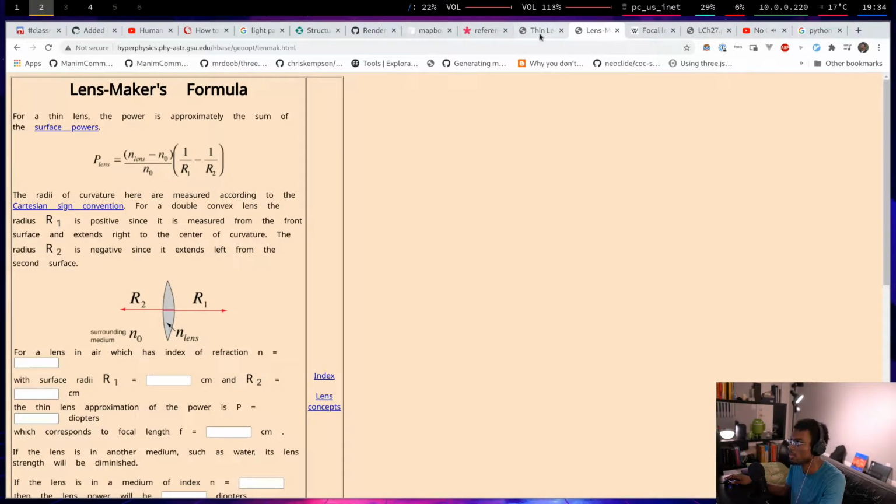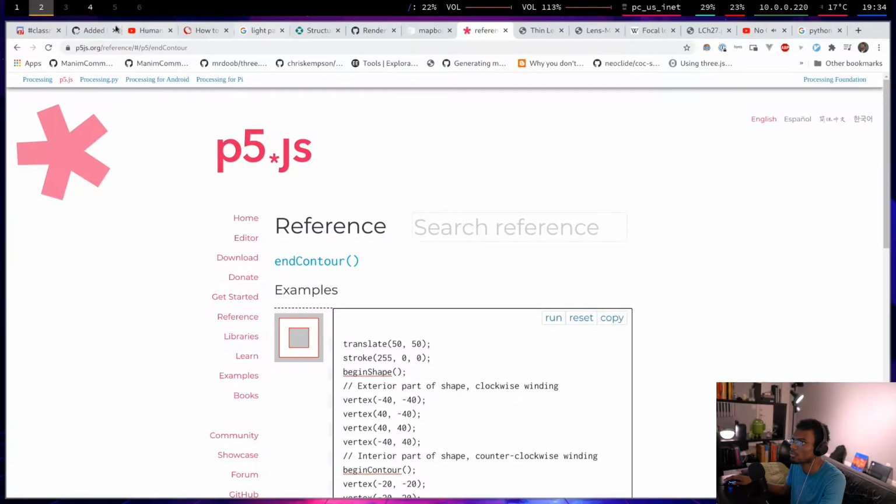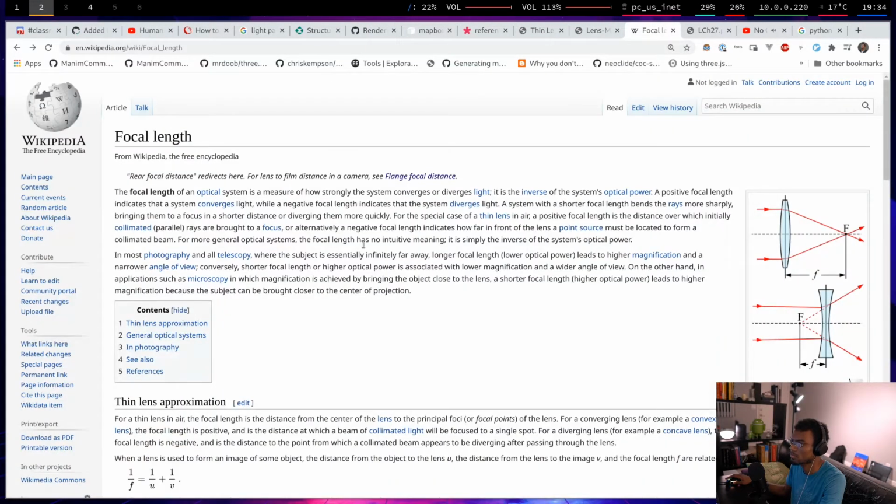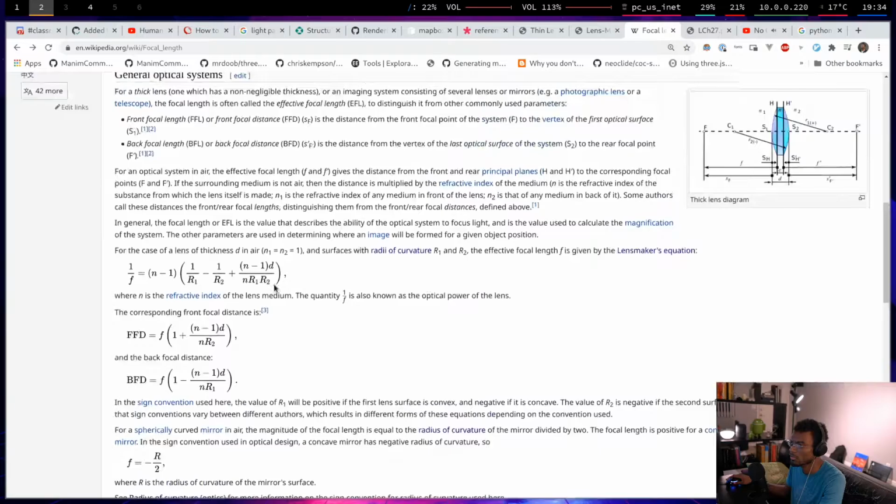Is it this one? Not that one. This one, the thickness of the lens affects the focal length. And that is one complicated equation. Your arrow for the image needs to scale according to the magnification of the lens.